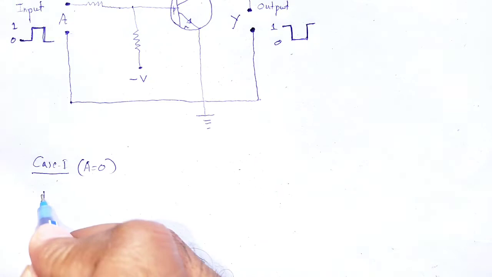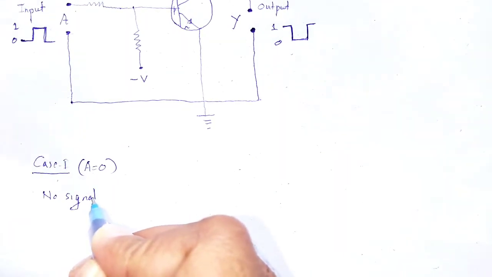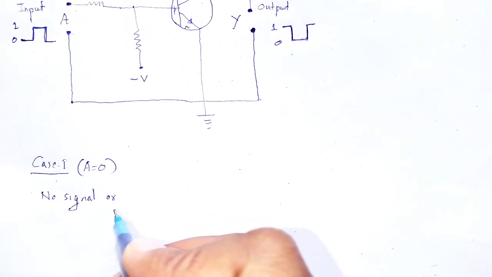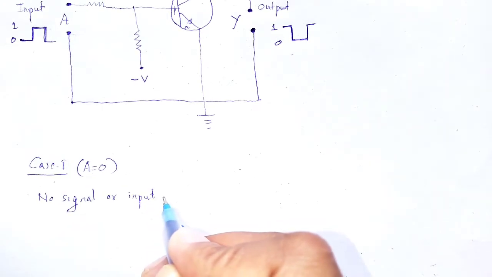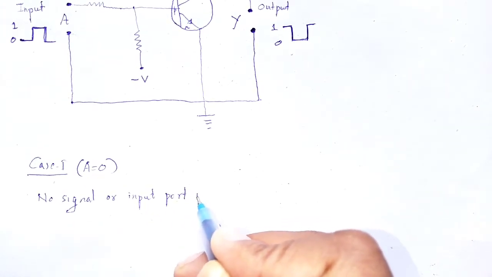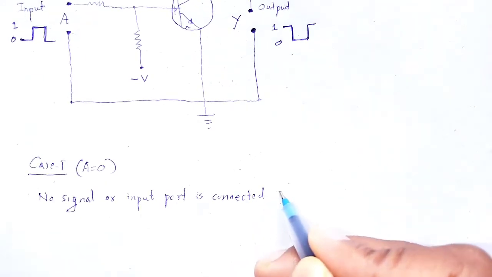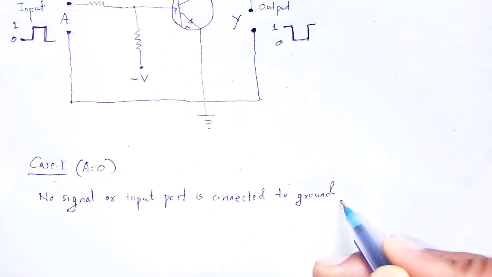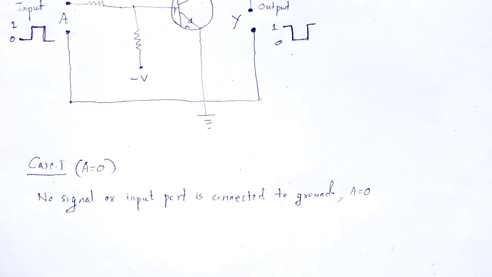A is equal to 0 means no signal, or we can say the input port is connected to ground. That's why we assign A is equal to 0.